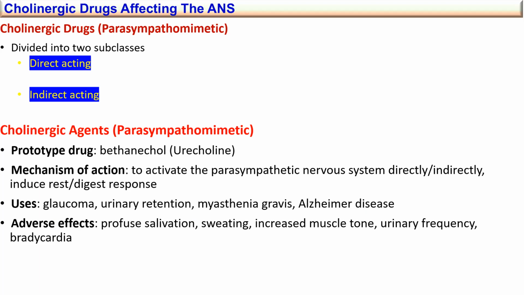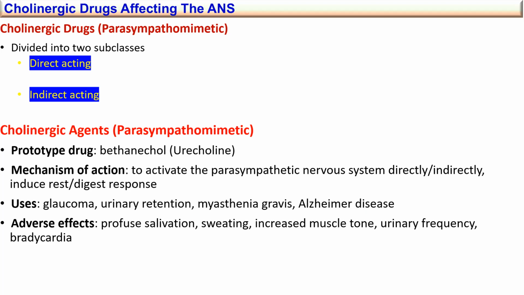But the indirect acting drugs inhibit the action of the acetylcholinesterase enzyme. Remember that acetylcholinesterase, or cholinesterase, is the enzyme responsible for the degradation of acetylcholine.